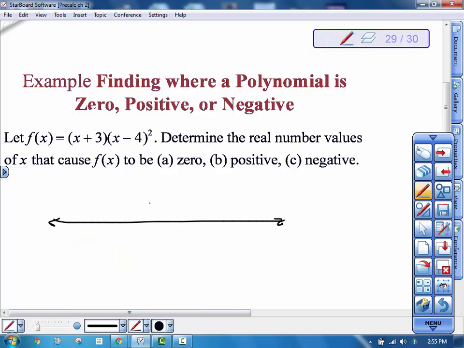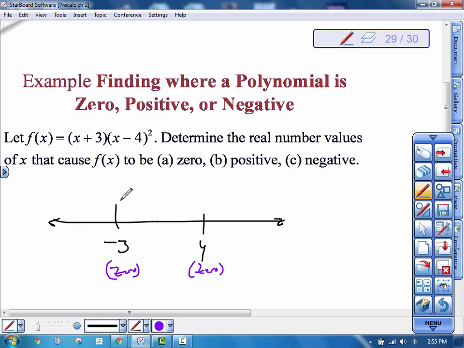It's not that hard. All you do is put the key points on a number line. The key points are zeros and undefined values. Those go on the sign chart. In this case, there are no undefined values, so you put on just the zeros, which are -3 and 4. Now what you do is you pick a number. By the way, label them, because they're both zeros. That's going to be important later when we get ones that are longer and more difficult.